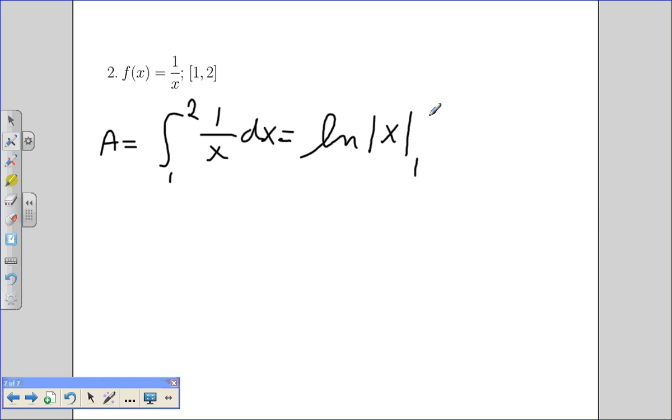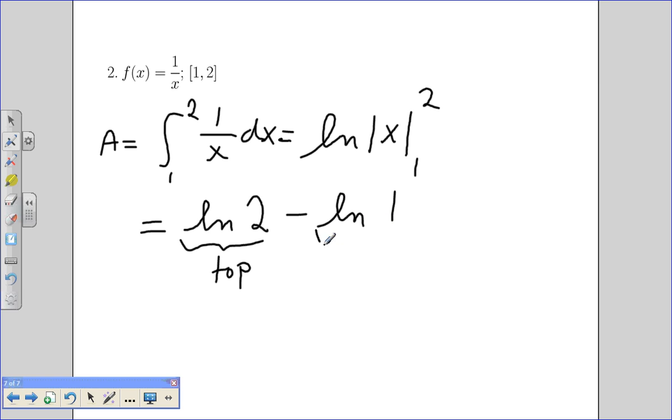So we have the natural log of 2, that's top, minus the natural log of 1, that's the bottom. The natural log of 1 is still 0. And so all we're left with here is the natural log of 2.